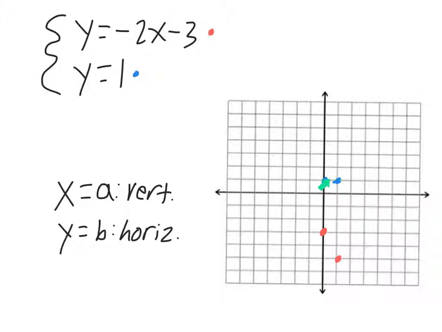And this one, we're going to have to go to the left. So, we follow this line up. So instead of going down 2 and over 1, we go up 2 and to the left 1.